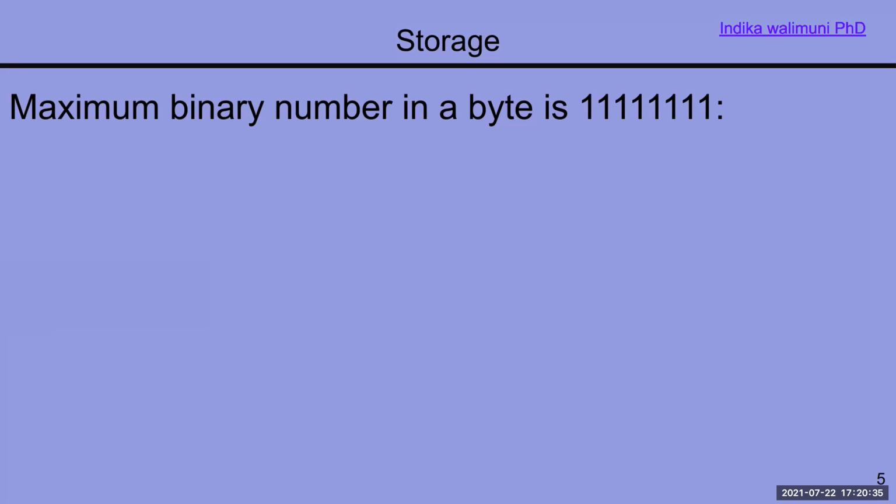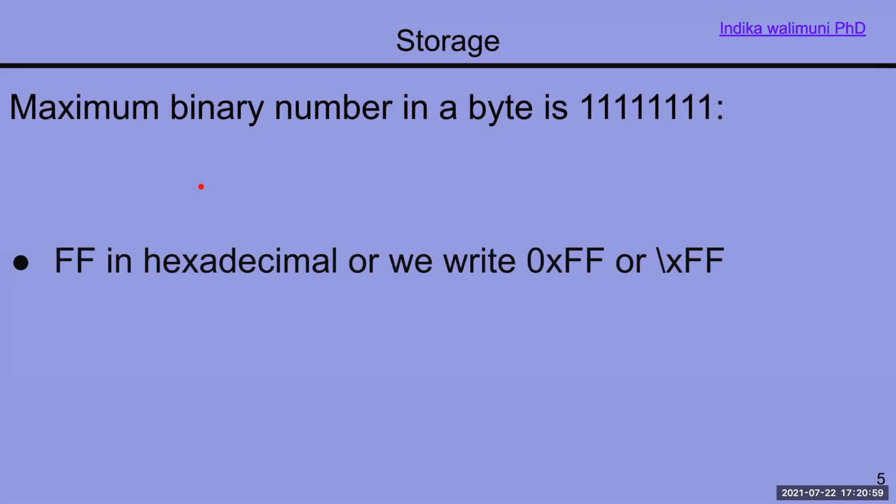If we take 1 byte, it's 8 bits, so the maximum number it can carry is 8 ones. That's the maximum binary number a single byte can carry, and that value is 255 in decimal. In hexadecimal, we write it as FF, or 0xFF, or \xFF.